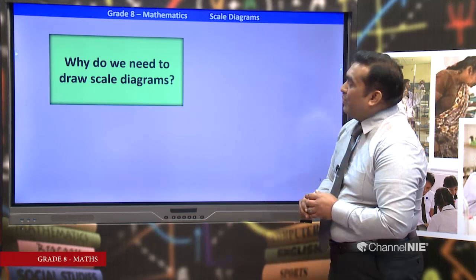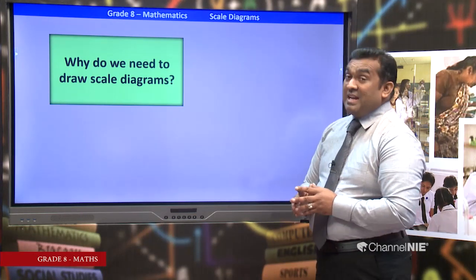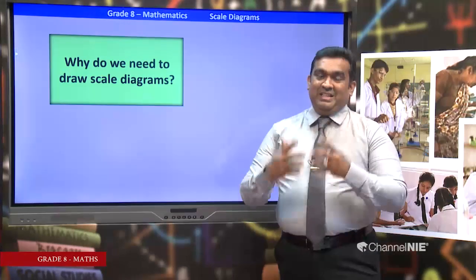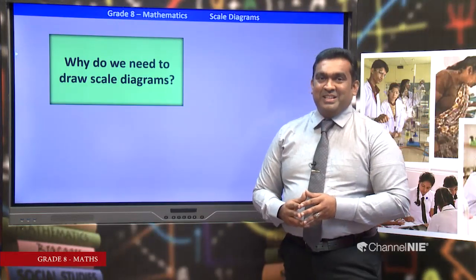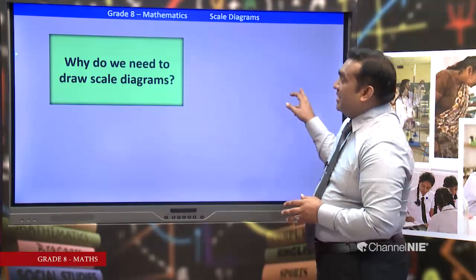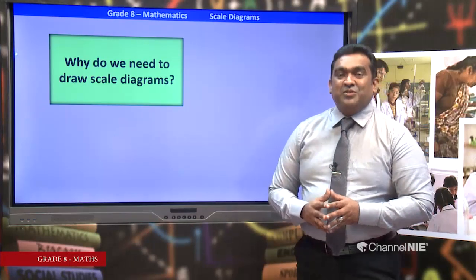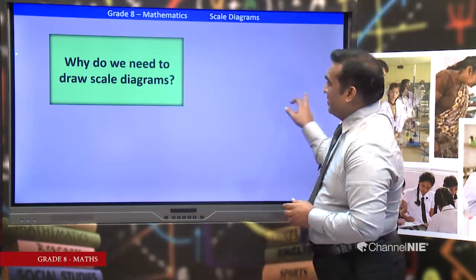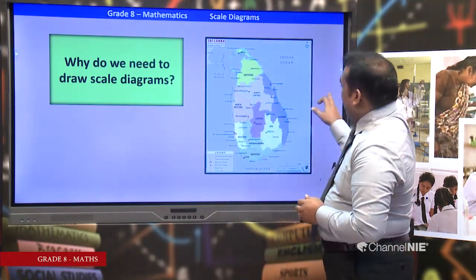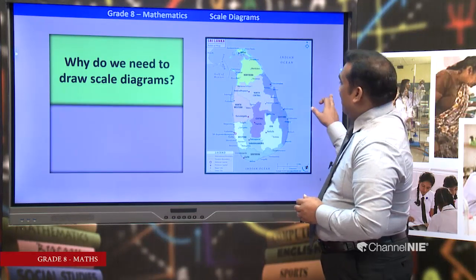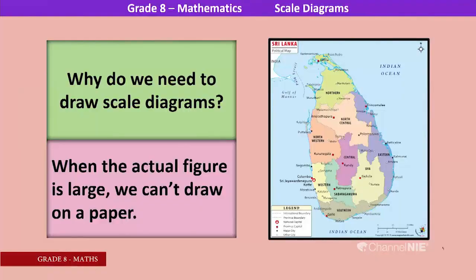Then why do we need to draw scale diagrams? What are the advantages of drawing scale diagrams? When the actual figure is large, we can't draw it on a paper.